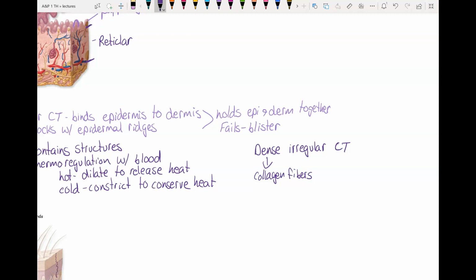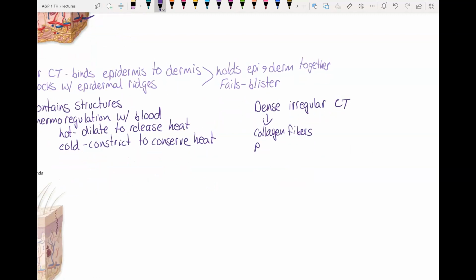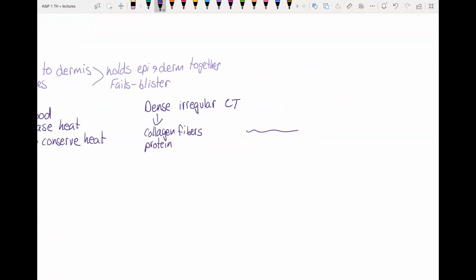So your reticular layer of dermis is full of collagen. And as you get older, that collagen breaks down and you get wrinkles. So collagen is a protein. And whenever we say a fiber of protein, that means it's a long strand. So in your dermis, you have these long strands of protein that are collagen fibers.